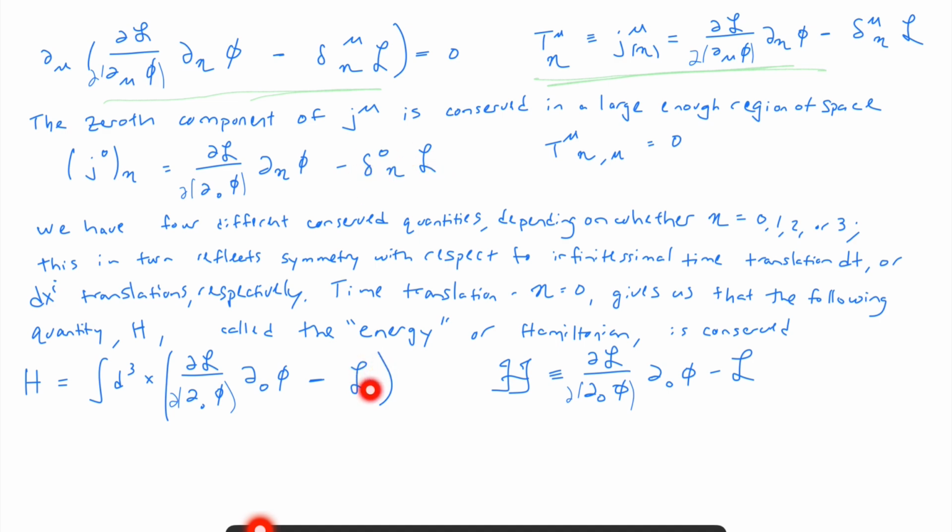And that's what gives us just L. So this whole thing here is the formula for the total Hamiltonian, which is conserved, meaning that it's totally unchanged throughout all of space. Energy is conserved. And this part here can just naturally be called the Hamiltonian density. So it's kind of the energy density at any given point in space. And this is the formula for it right here. Very important formula.